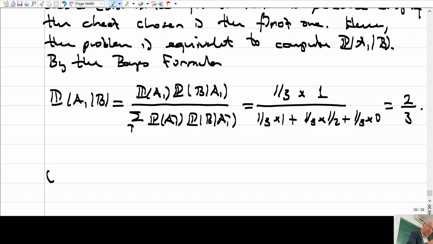Here is an exercise for you, a continuation of the above example.